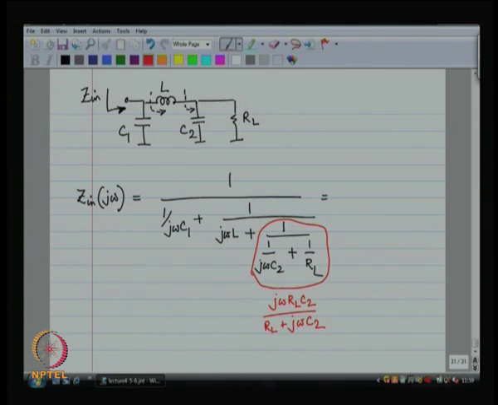It is usually simplified and written in this notation.